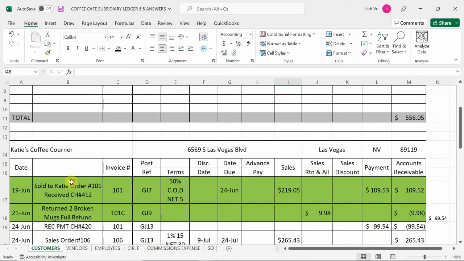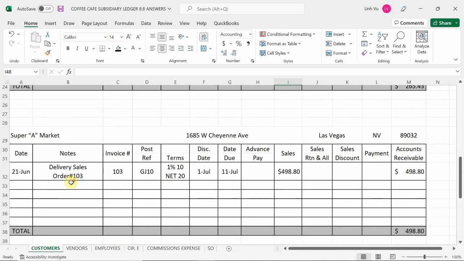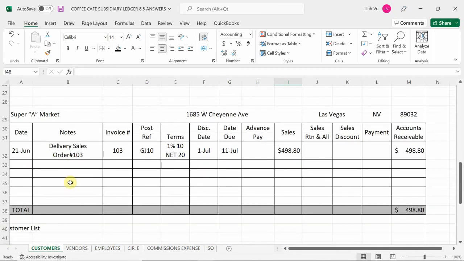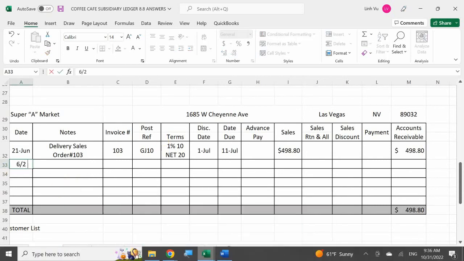Okay, so Super A Market, I believe, is right here. Right now, Super A Market currently has an outstanding balance of $498.80. So let's go ahead and plug our information in here. We received an advance payment, check number 884, for sales order number 107.